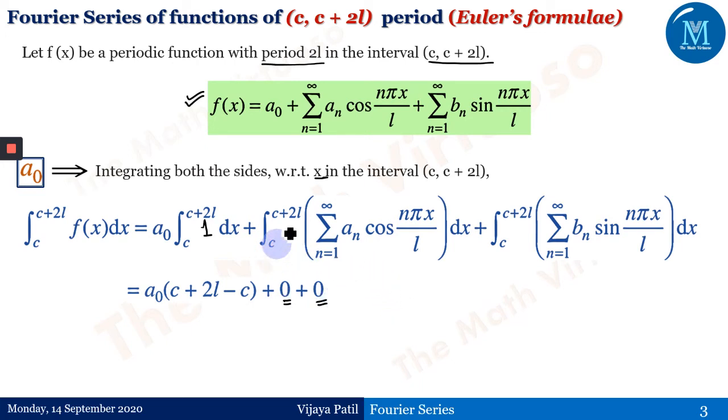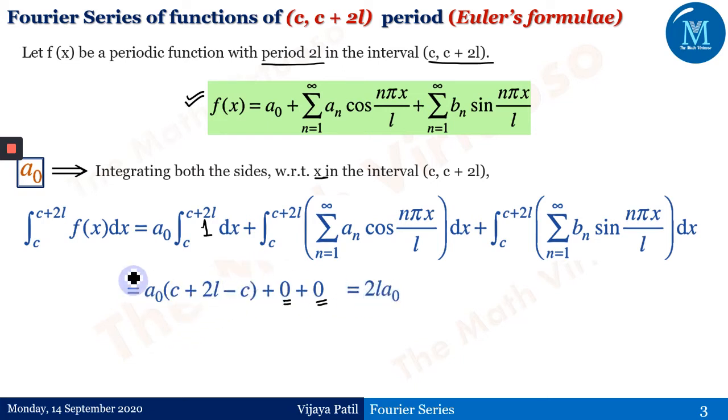So the integration of cos of n pi x by l dx is 0, and integration c to c plus 2l of sine of n pi x by l dx is also 0, so we get only the first part. Integration of 1 gives x, and putting the upper and lower limits we get c plus 2l minus c, so c goes off and we remain with 2l a0.